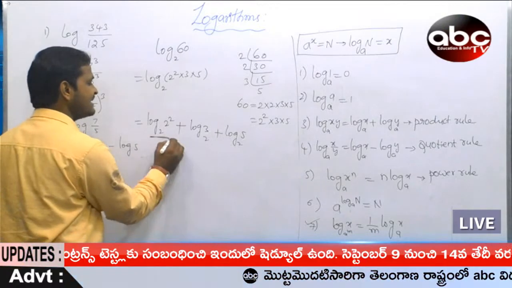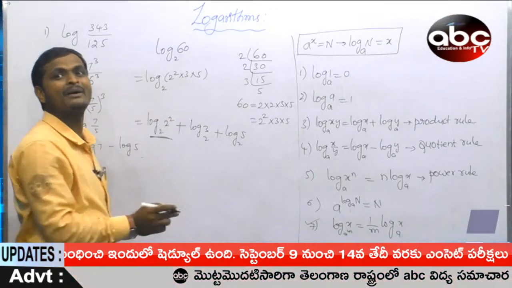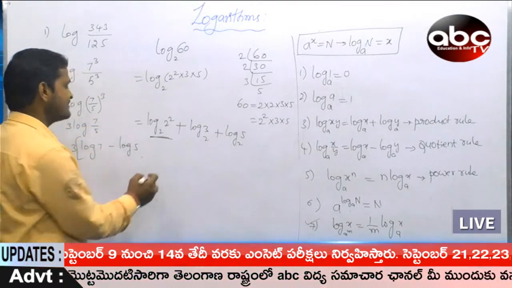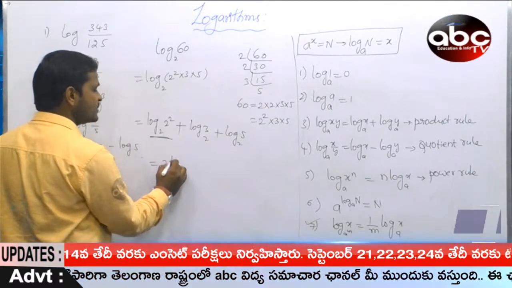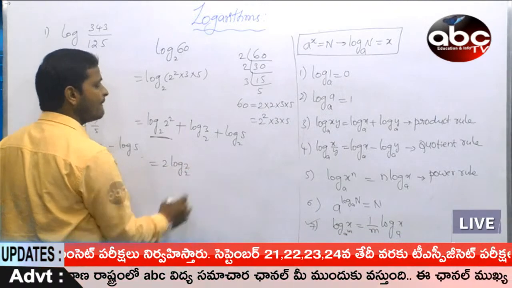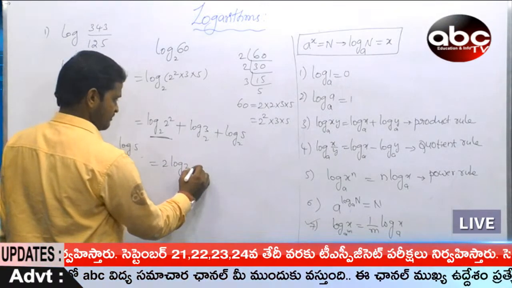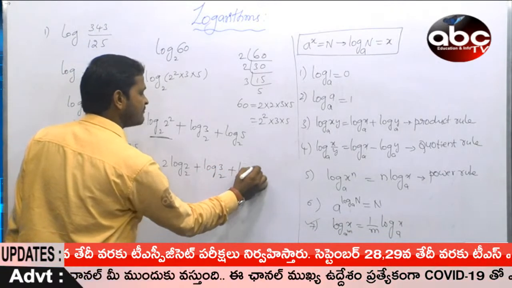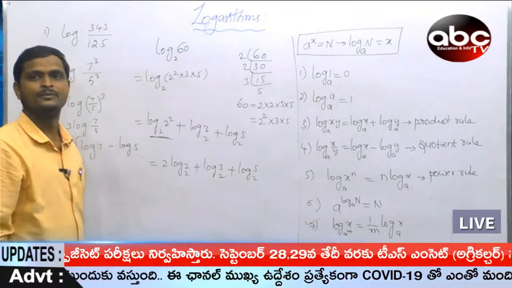Here, observe here, power is there. Then power rule. What is the power rule? Log x power n is n into log x. Then you can write 2 into log 2 base 2 plus log 3 base 2 plus log 5 base 2. Right?